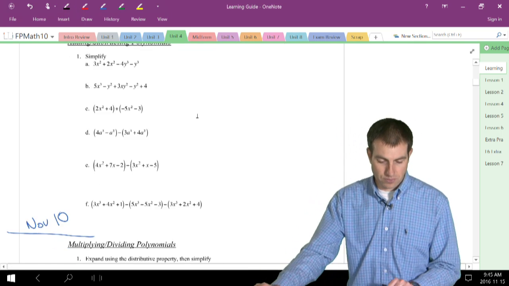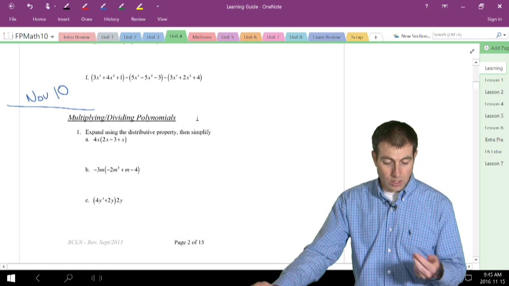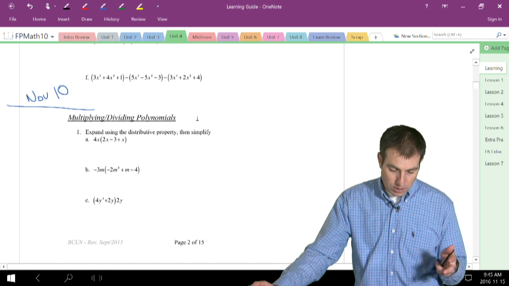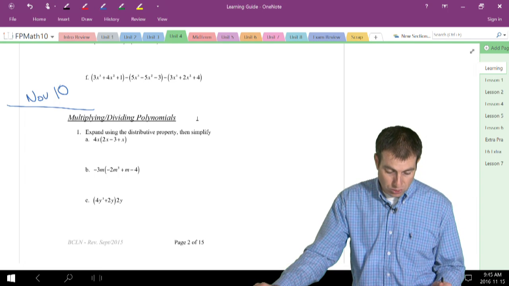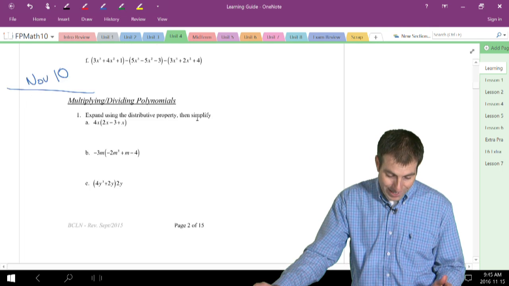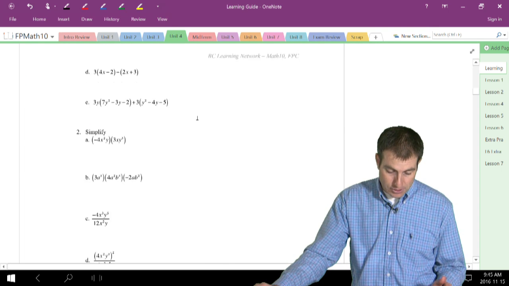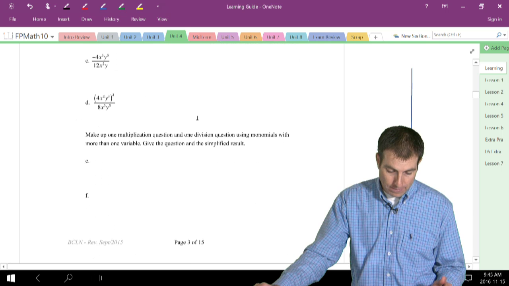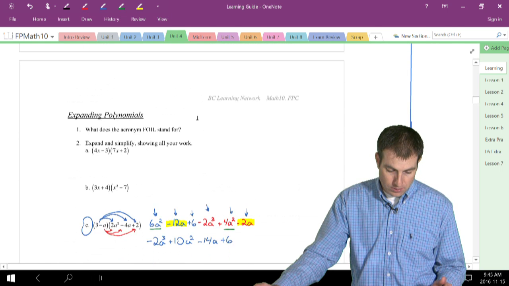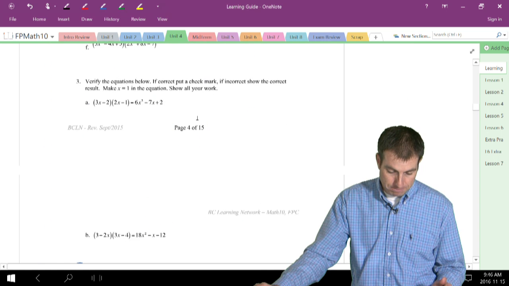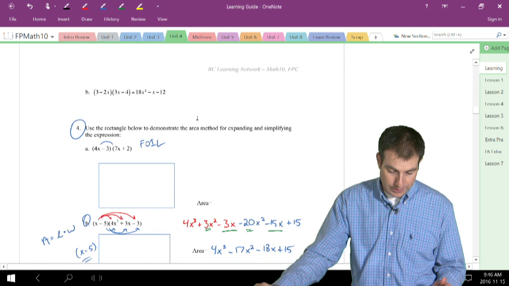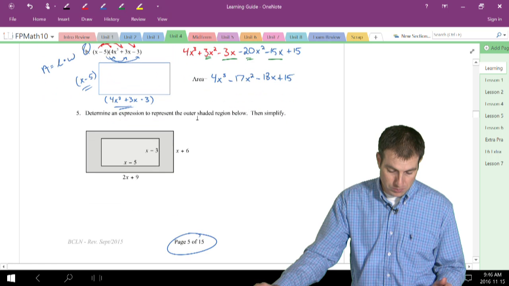So what do we have for today's work? Starting from November 10th here, looking at the learning guide, page 2, you should be able to do question 1. You should be able to do question 2. You should be able to do expanding. And these are just kind of area problems.